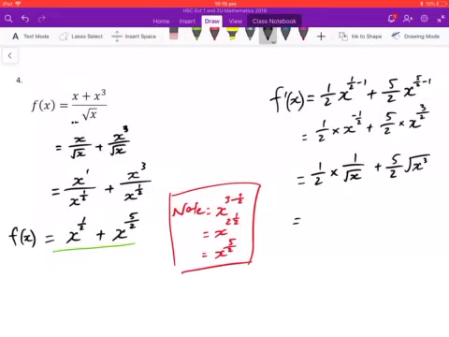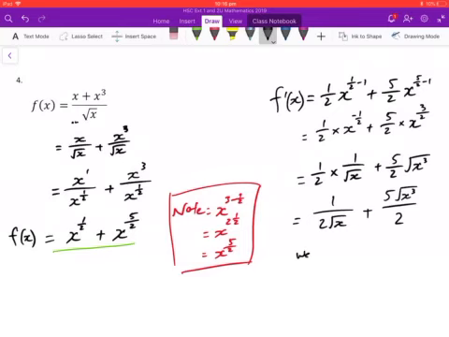We're almost there. This becomes 1 on 2 root x plus 5 square root x cubed over 2, given that the square root of x cubed would multiply with the numerator 5. Now, if I really wanted to, I could multiply by square root of x and rationalize the denominator, but I'm not going to do that.